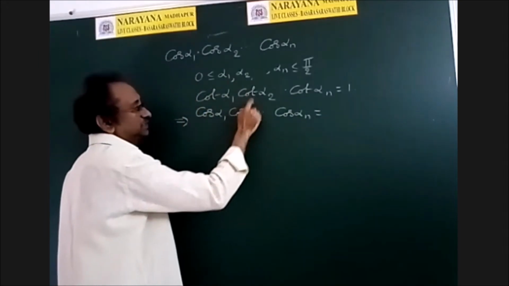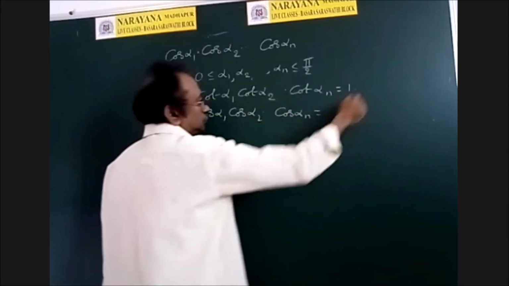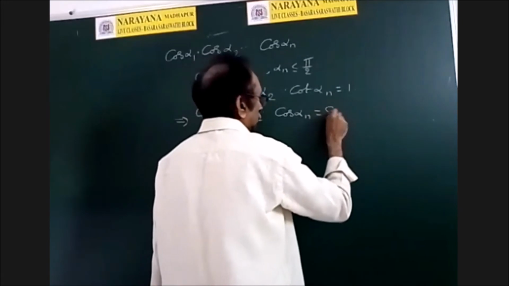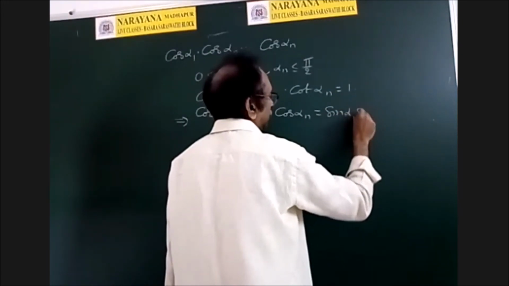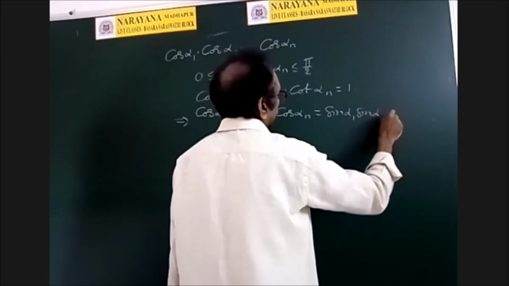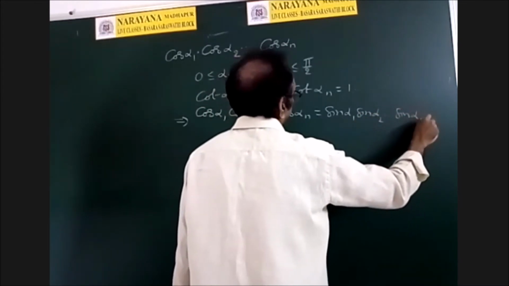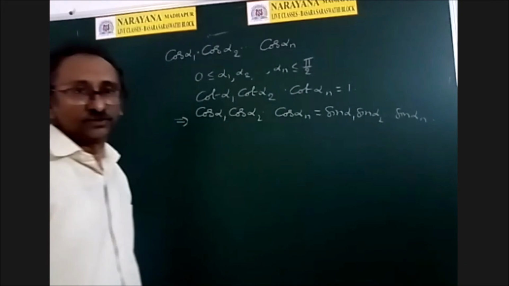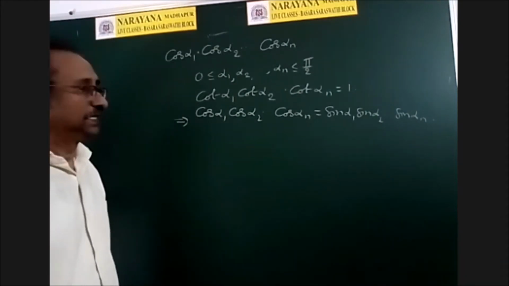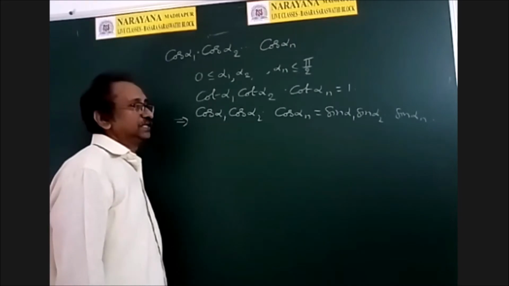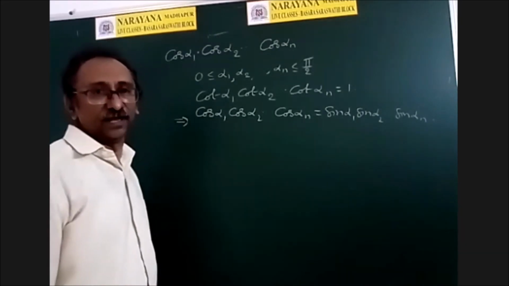Sin alpha 1, sin alpha 2, sin alpha n. So by cross multiplication, you will get in the new denominator, in the right hand side, sin alpha 1, sin alpha 2, sin alpha n. So cos alpha 1, cos alpha 2, so on cos alpha n is equal to sin alpha 1, sin alpha 2, so on sin alpha n.